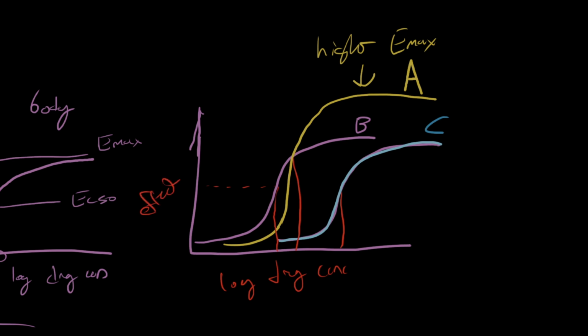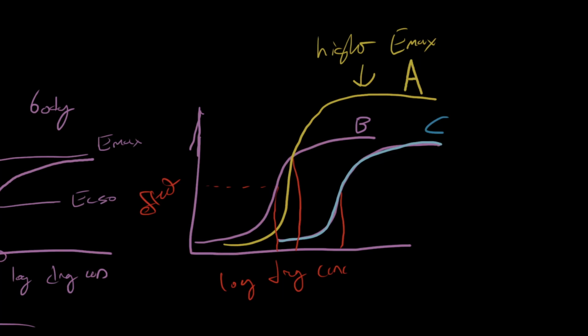We can see that drug A has the highest effect out of A, B, and C, but it is only second best on how potent it is. Drug B is the most potent, which is determined by how far left the curve is.